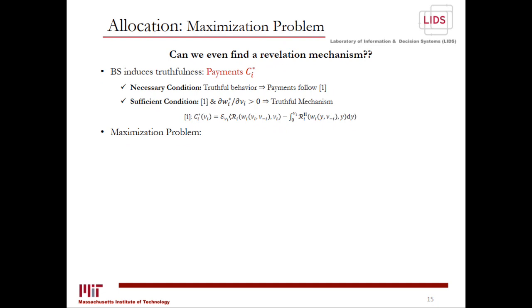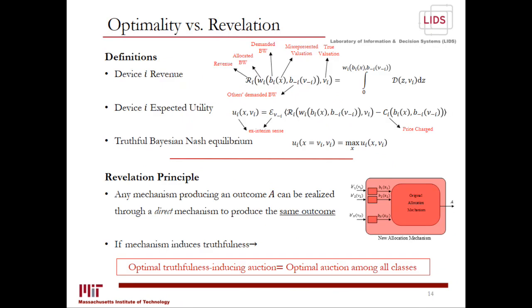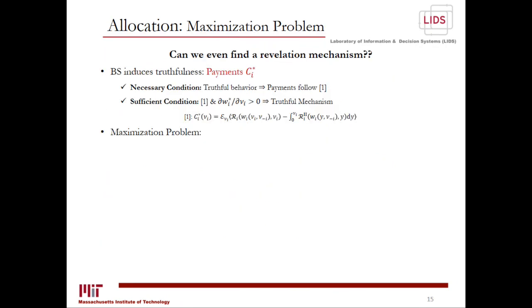If we can charge devices on this basis, and also there is the efficiency requirement, meaning that if a device values the spectrum more, it will be provided with more amount of spectrum, then we're going to be in the world of truthful inducing mechanisms. Now that we are there, we will find the optimal allocation mechanism in this class. So that then we can claim that this optimal allocation mechanism is the optimal in all classes.